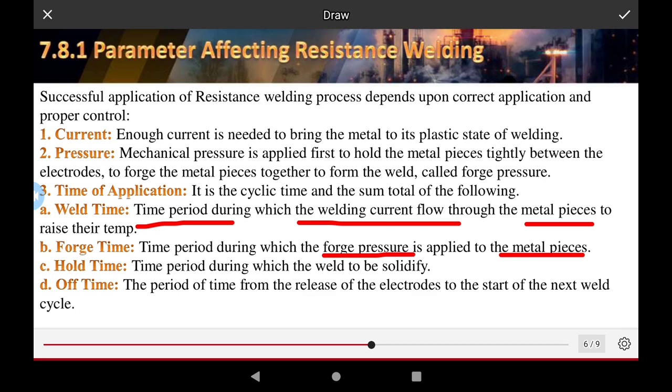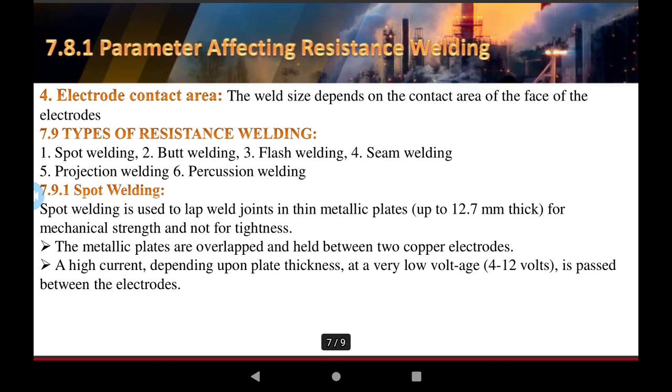Holding time: the period during which the weld solidifies, the joint solidifies. Off time: the period of time from the release of the electrode to the start of the next weld or cyclic joint. This is known as the cyclic time.